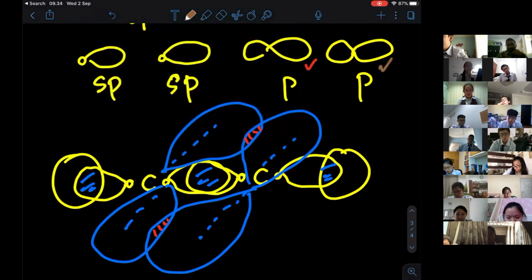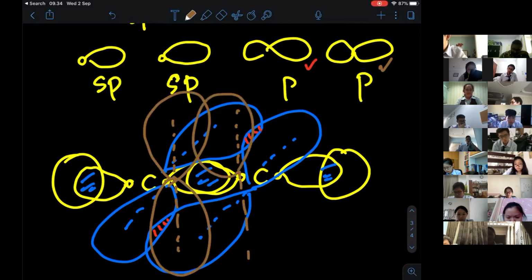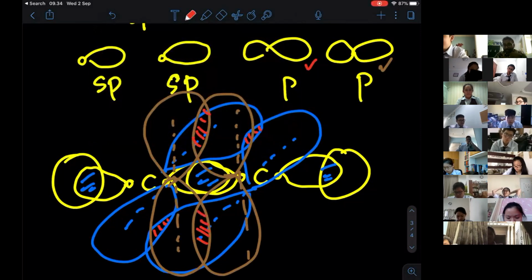So you still have another one. Let me draw somewhere nearer so that I can really show, like this. And that will give me another pi bond. Can you see? I told you it's going to get messy.